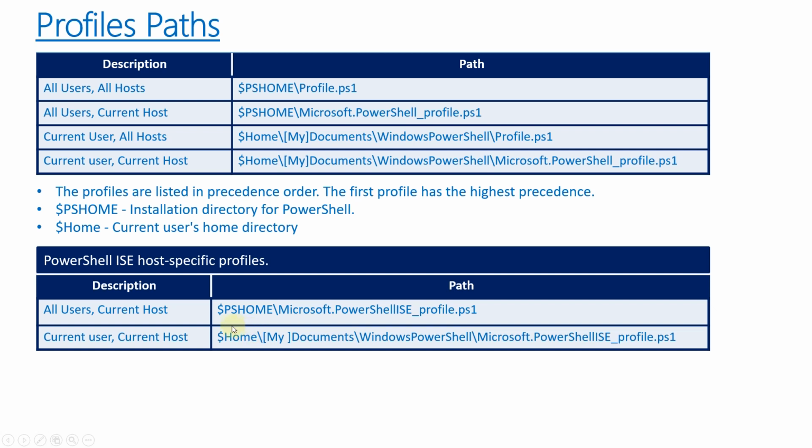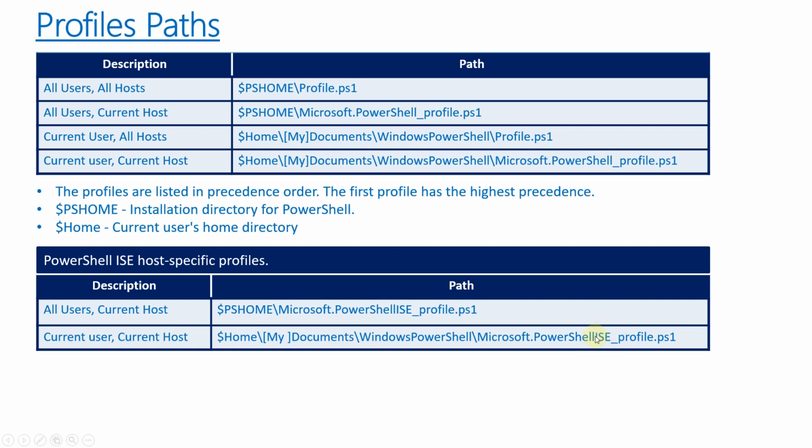It will be under the user's home directory and again Documents and Windows PowerShell, and this time the file will be Microsoft.PowerShellISE_profile.ps1. So here we have seen only PowerShell_profile, but here ISE has been added to this file.